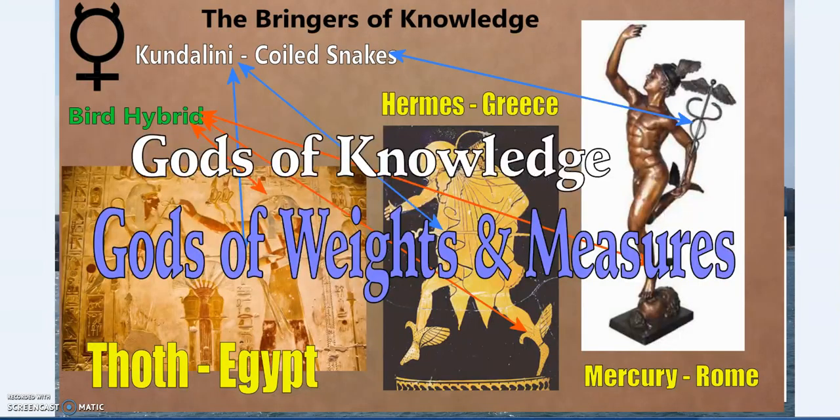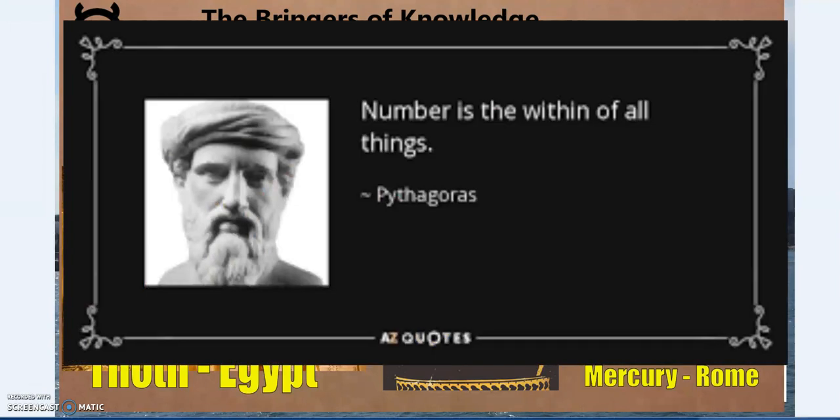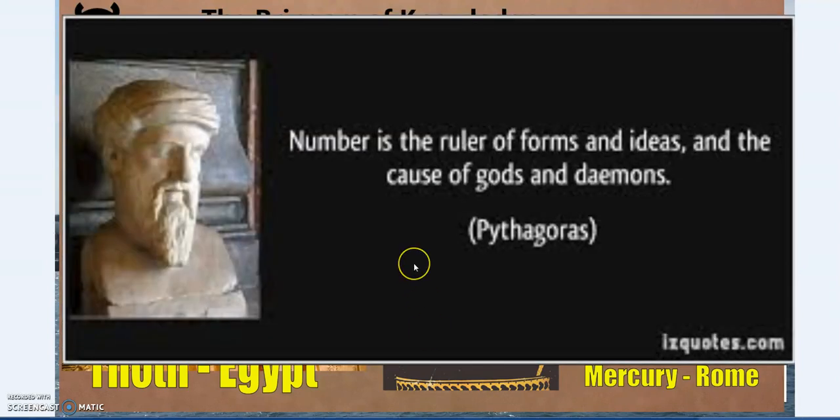But that brings us back to Thoth, Hermes, Mercury, the gods of knowledge, the gods of weights and measure, and the Pythagorean school. Number is with all things, all is number, all is mind, all is consciousness. Number is a ruler of all forms and ideas, the ruler and the cause of gods and demons.